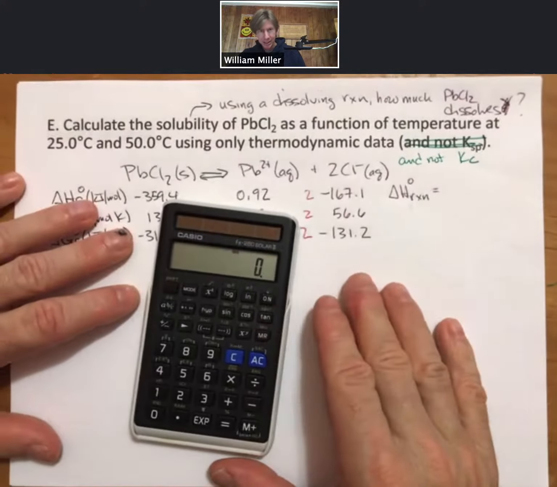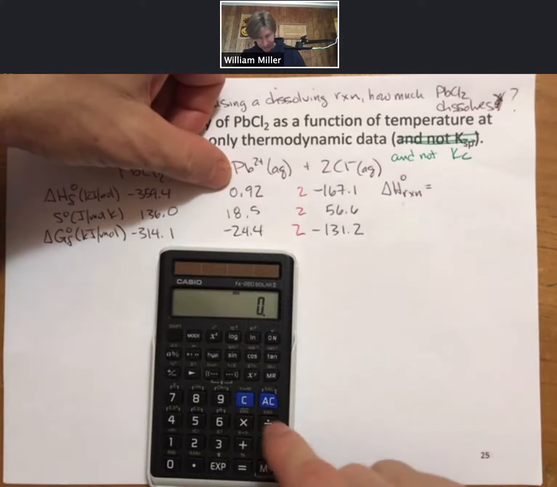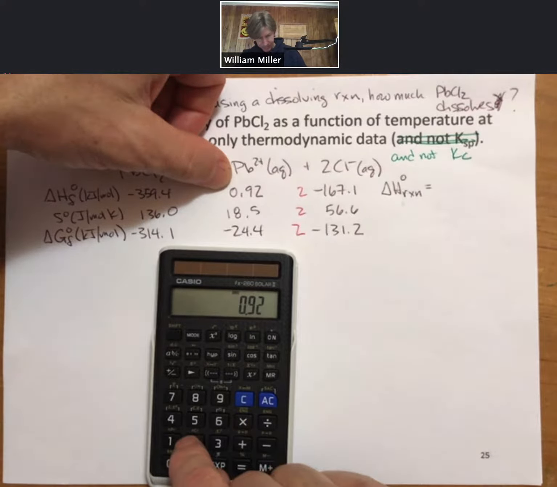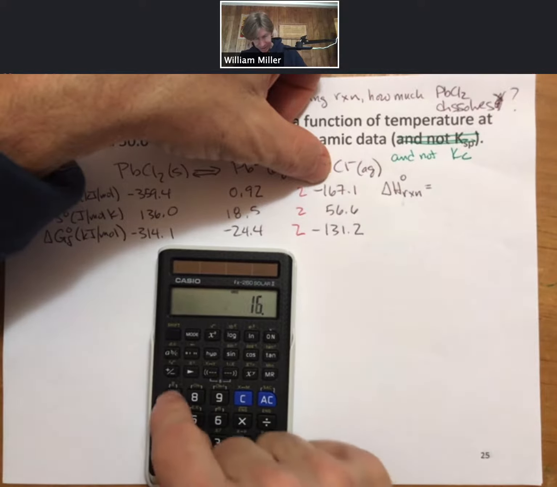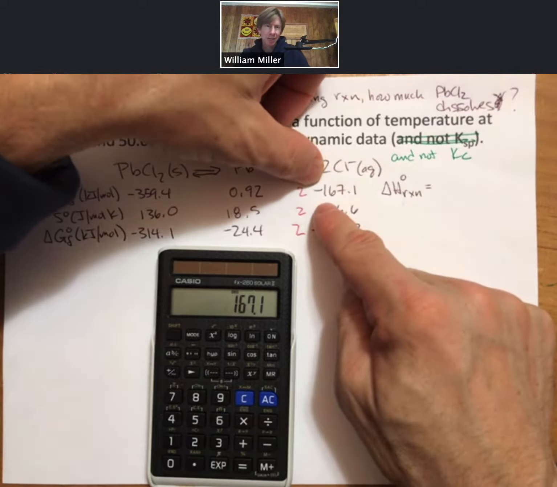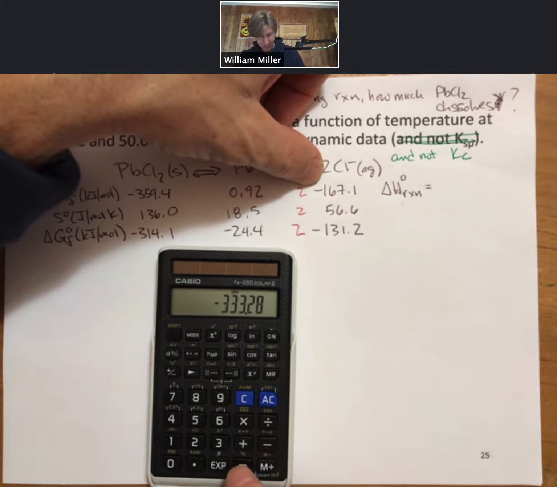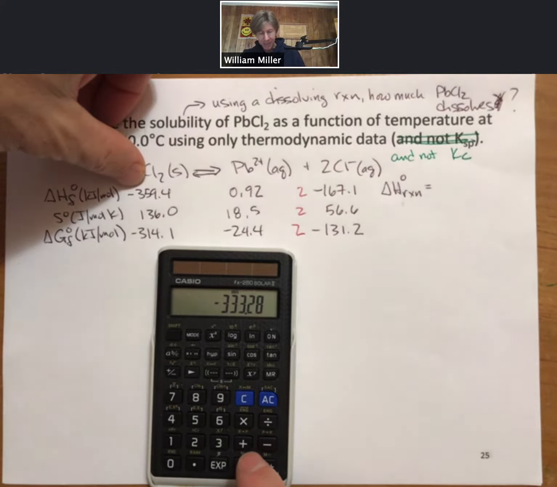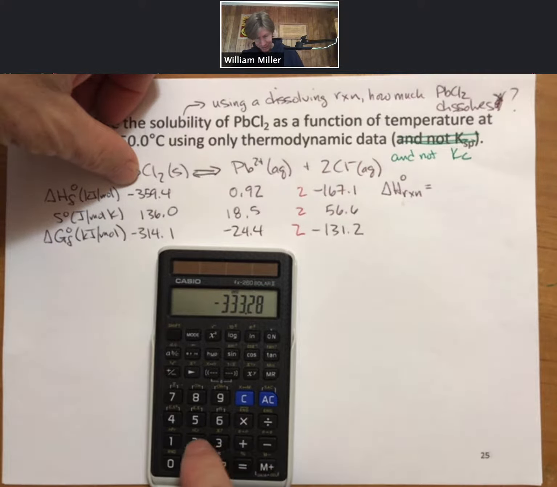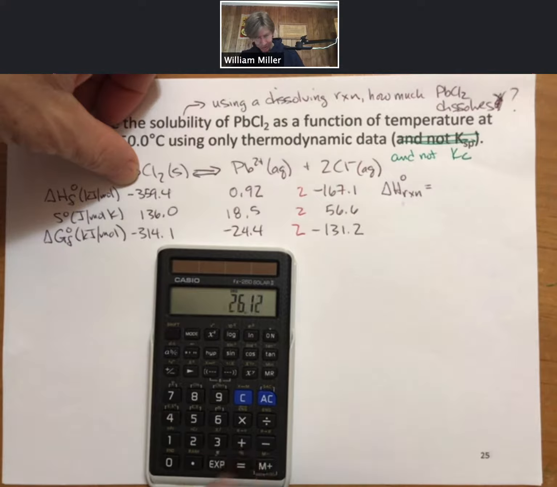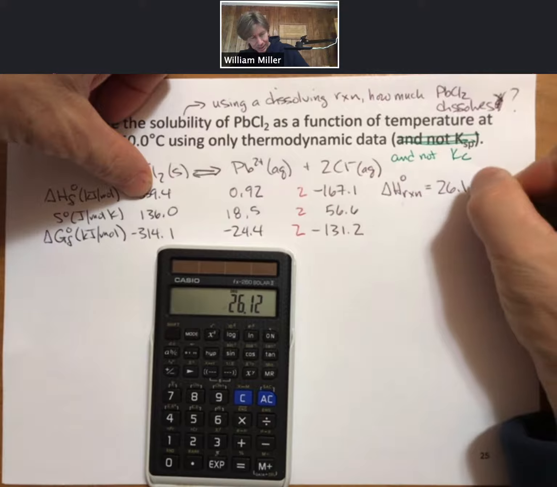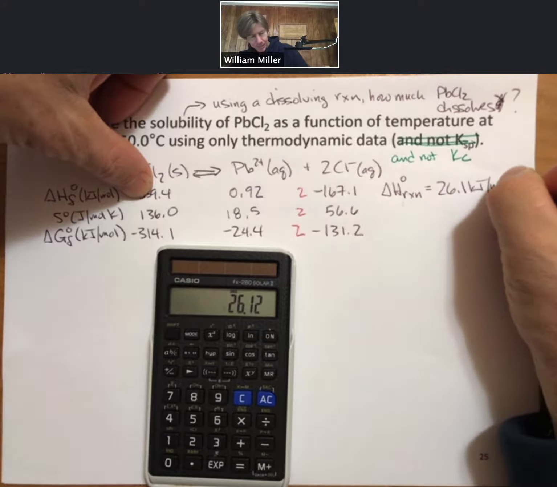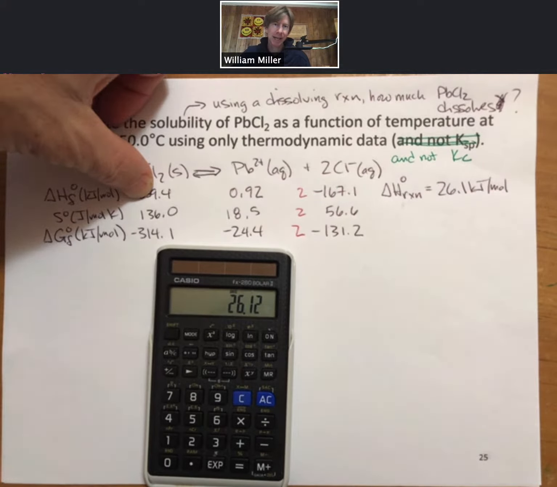So it's going to be 0.92 minus 2 times 167.1. It's really a plus, but I went ahead and put the minus 1 in there anyway. And now it's minus reactants, a double negative, so plus 359.4, 26.1 kilojoules per mole. Endothermic tends to be non-spontaneous.